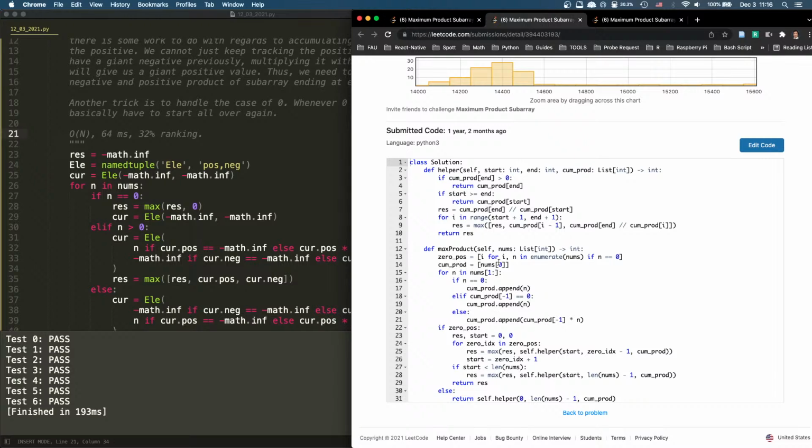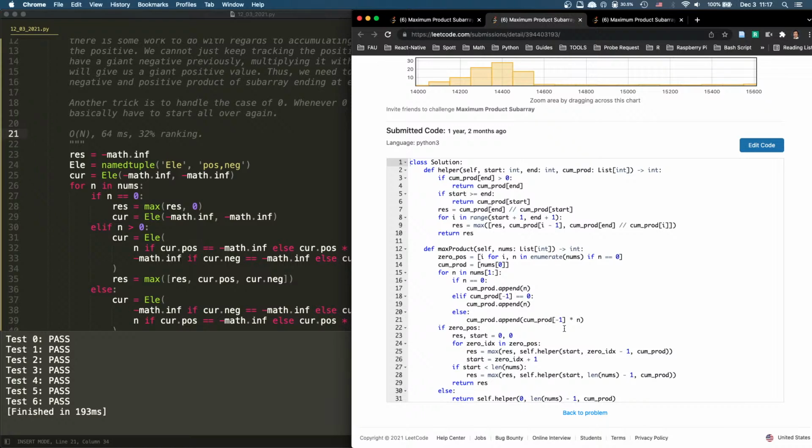Cumulative product. I got cumulative product. And then, so if it's 0, we append 0. If previous equal to 0, we append, that's restart, yes. Otherwise, so I got cumulative product.